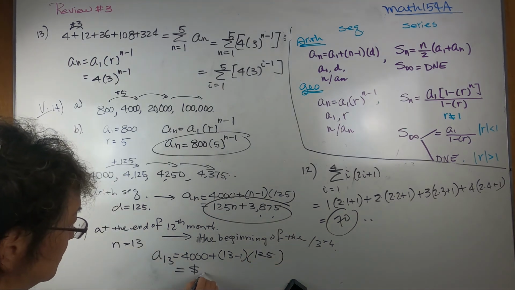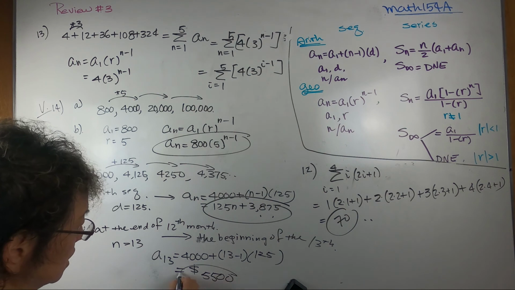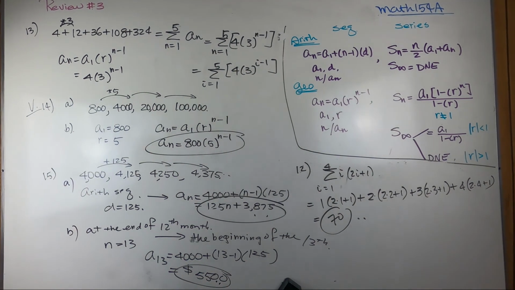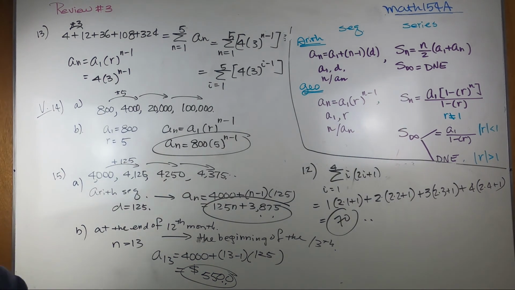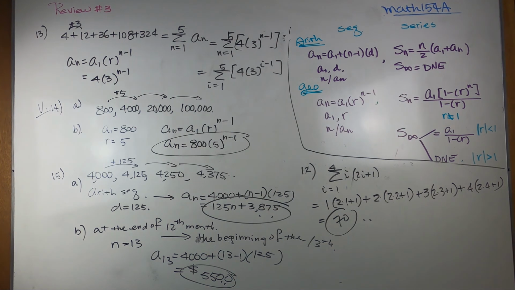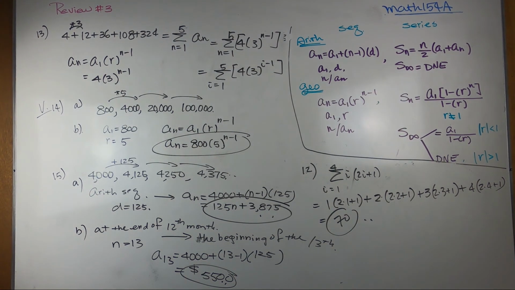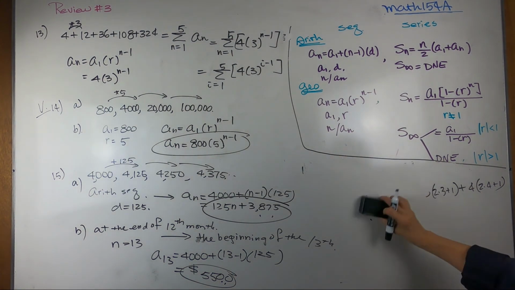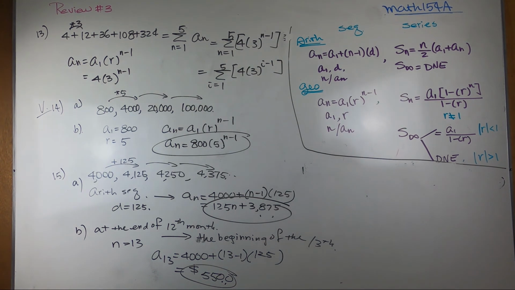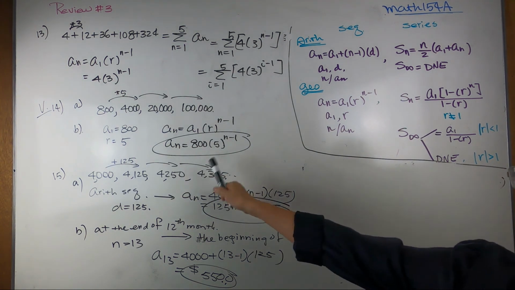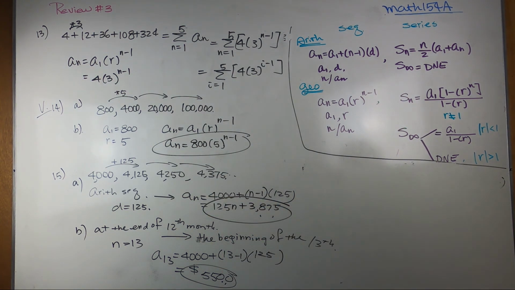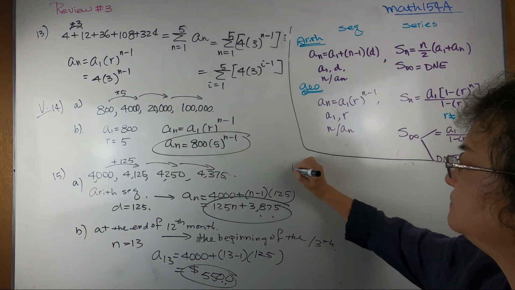So at the end of the month, after the training, each month, he should make next year $5,500 per month. Okay? N is not a 12, it's a 13. That's the point. Okay? Just for those business majors, they need to pay attention to those.